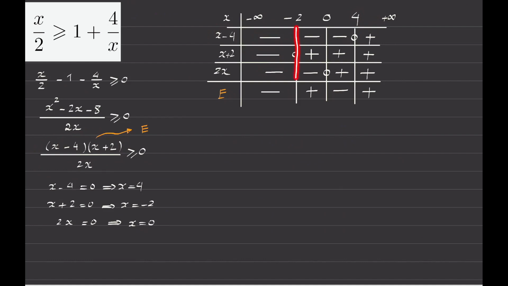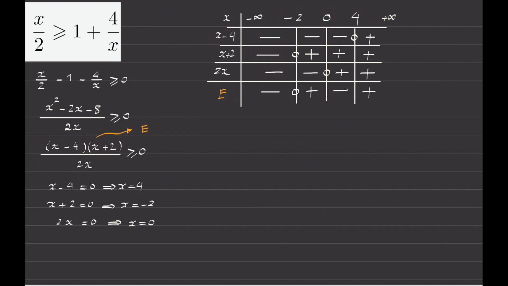But now what is important for us is to see what happens on these lines for E. Okay, on this line, x is minus 2. If x is minus 2, then this expression becomes 0, the numerator becomes 0, but the denominator is not 0, so what happens is that the expression becomes 0 here as well. But on this line, here I have x equals 0.